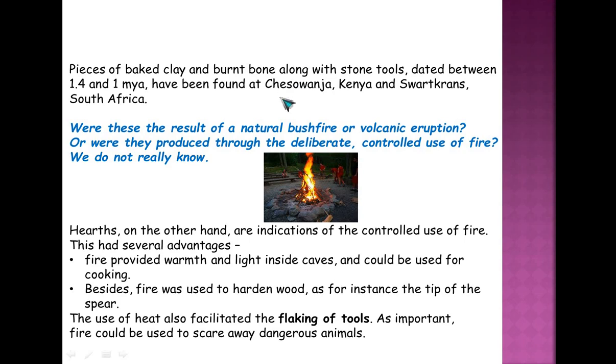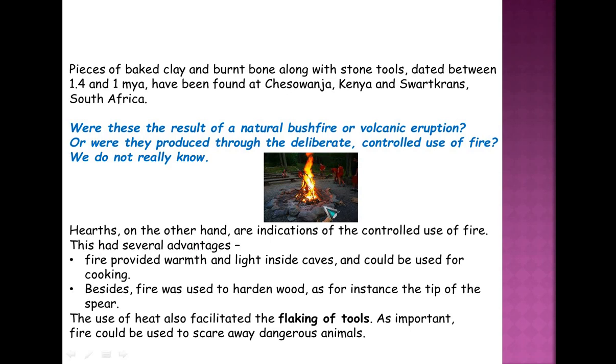How were the archaeologists so sure that it was a result of a campfire? It could have been that some volcanic eruption or natural bushfire or forest fire took place, because it is burnt and baked also. So we don't know how it came about, but we are very sure that it belonged to millions of years back.